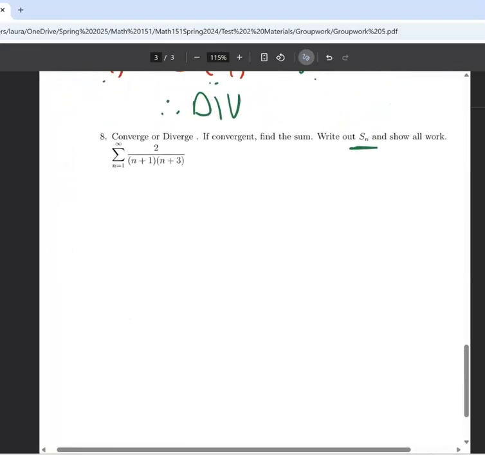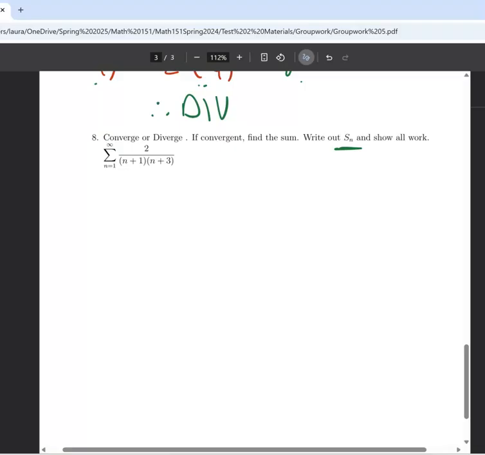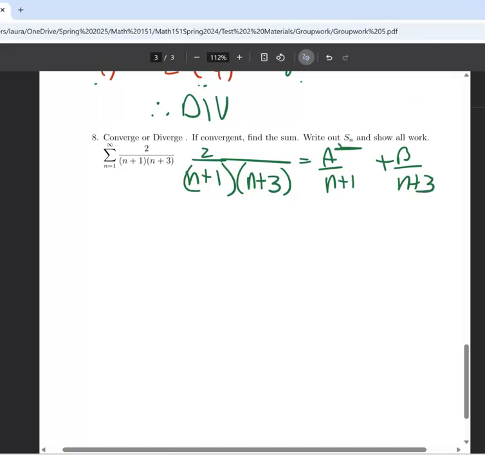I want to emphasize that on a quiz or a test, I need to see what your S sub n is. So first steps here are to use partial fractions to figure out the A and the B. N plus 3. Okay, so I get 2 is equal to A times n plus 3 plus B times n plus 1.